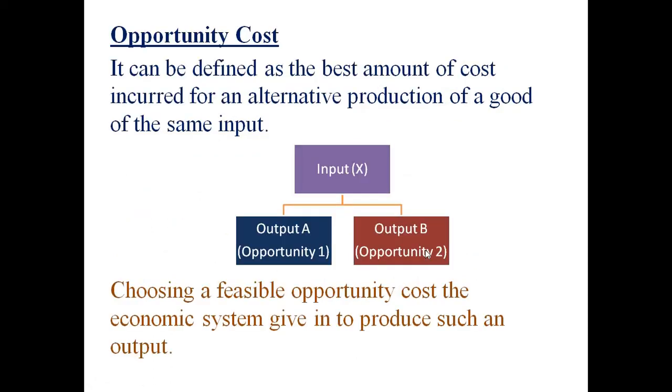Now let us go back to this same chart, output A and output B. Let us suppose that we are producing, let us assume that we have flour with us, and this is your normal flour, which you fill in a plastic bag or whatever kind of packaging that you do. That is your output A, Ashirwad atta or whatever is being sold in the market. So that is your output A.